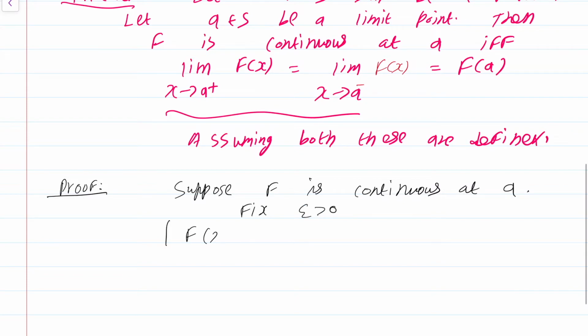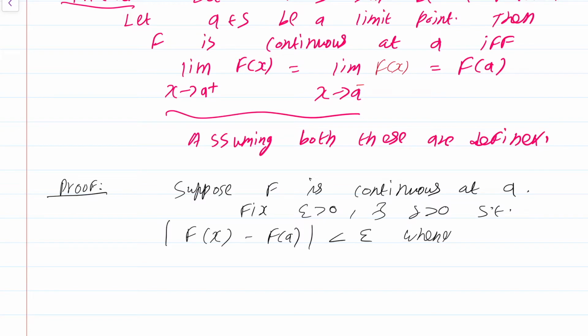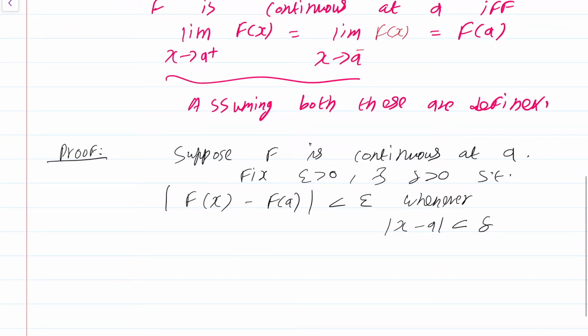Then there exists delta greater than 0, such that mod f of x minus f of a is less than epsilon whenever mod x minus a is less than delta, and x is in S.